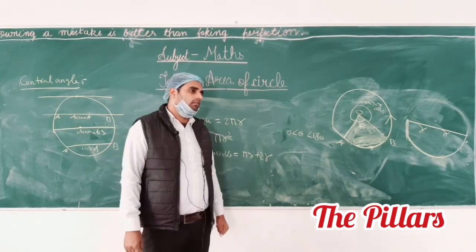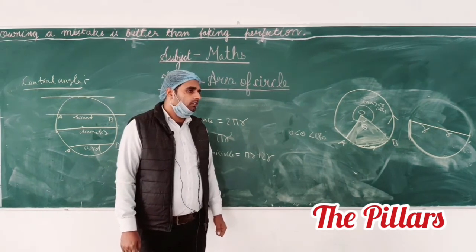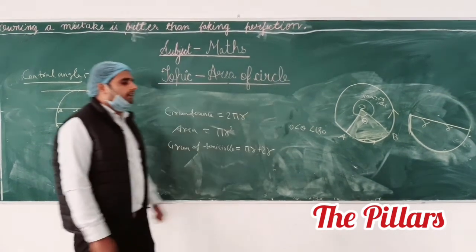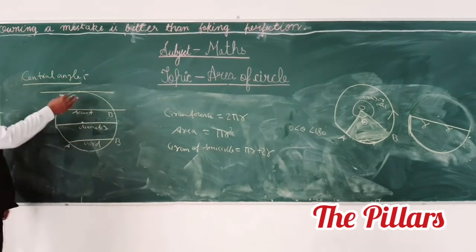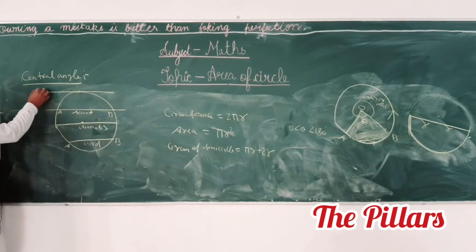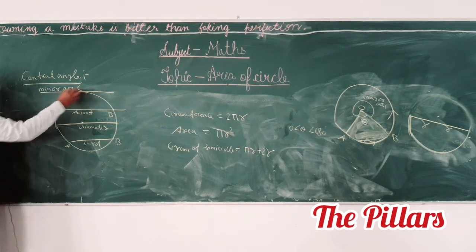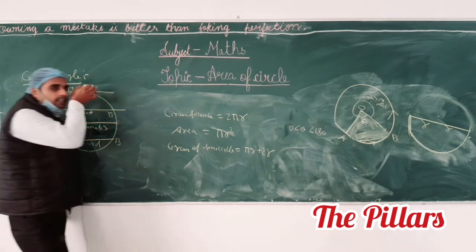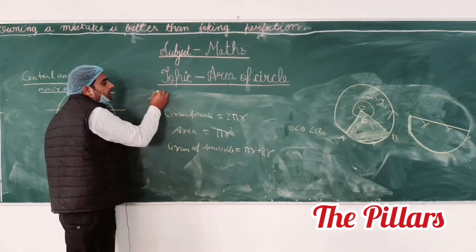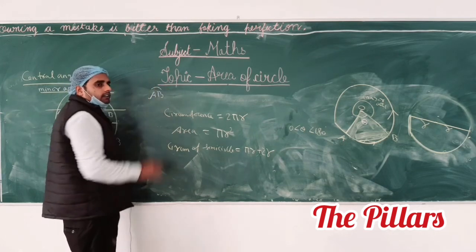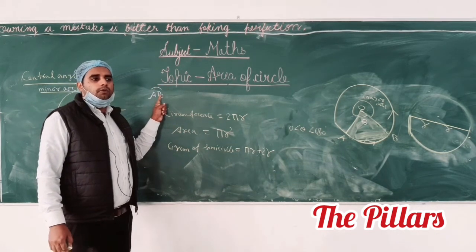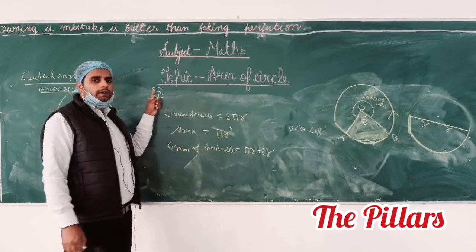Okay. Now write down minor arc. Whenever you have to mention an arc, you write AB with a curve over it. This is the representation of an arc. If you have to mention AB is an arc, this is the representation.